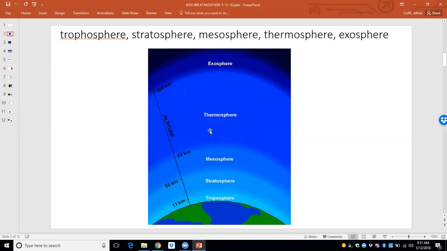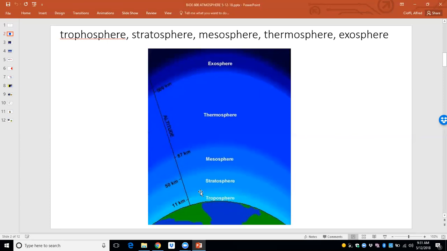Okay. Then we get into the thermosphere, which is very long, if you will, or wide. It goes from about 100 kilometers to 500 kilometers. And then finally, we get out into the exosphere, which is the final transition layer into outer space.